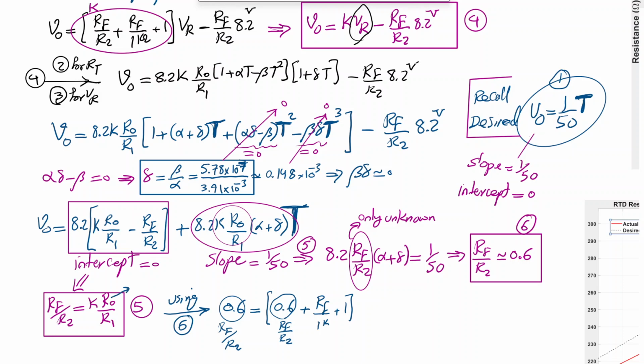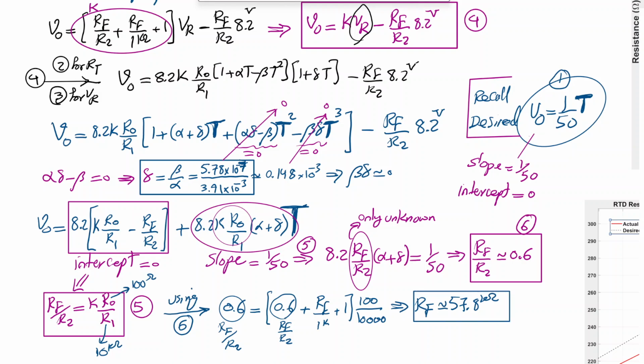R0 is 100 ohm, and R1 is 10 kilo ohm by default. So it is 100 over 10,000. Okay, if we use these, then we find that RF is roughly on the order of 57.8 kilo ohm range, or 58 kilo ohm, so roughly.